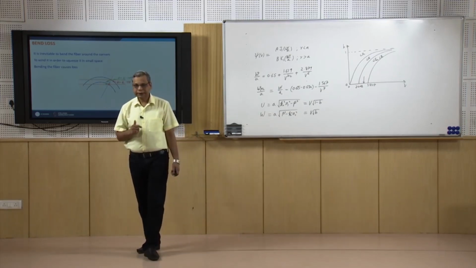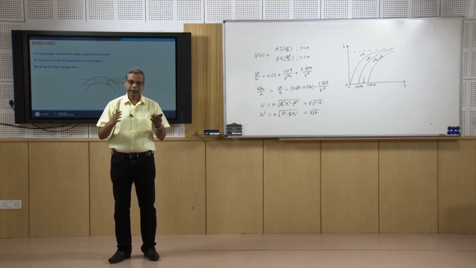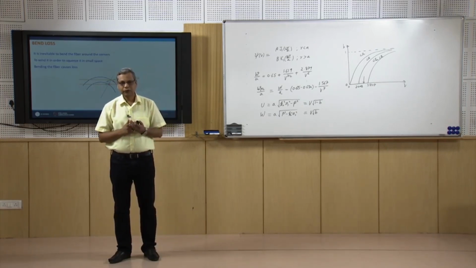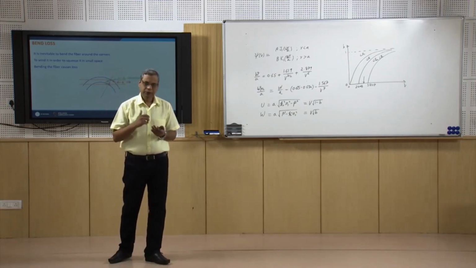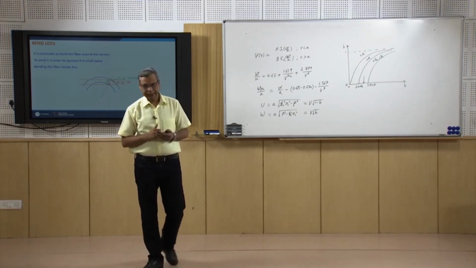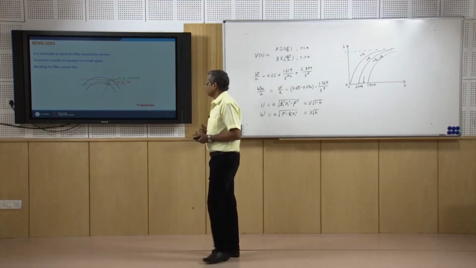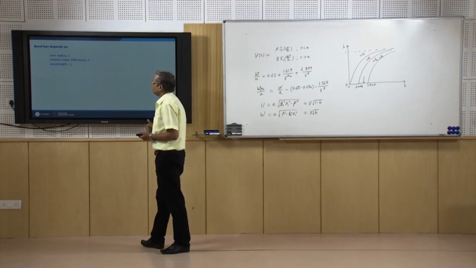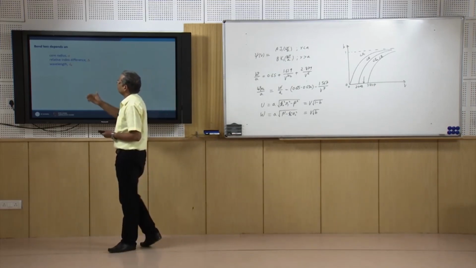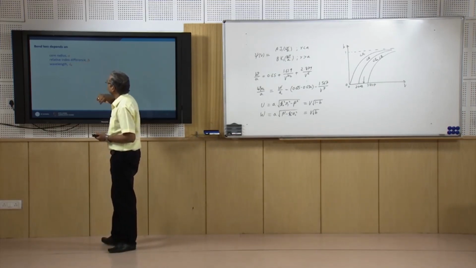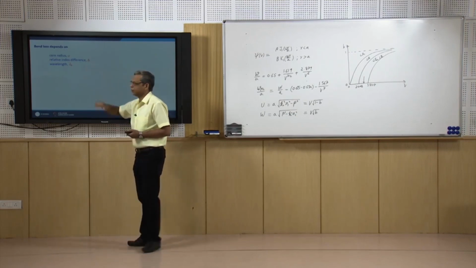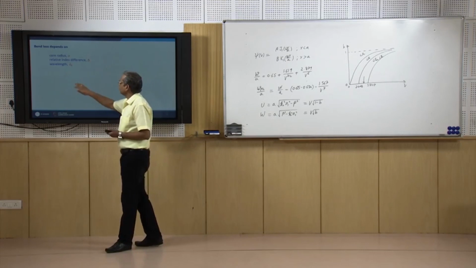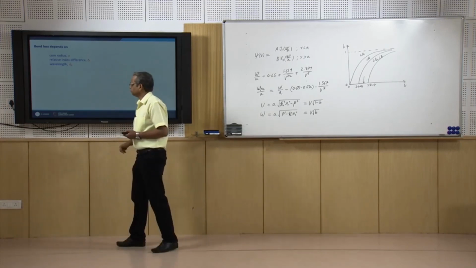So, I can also understand that if the mode is close to cutoff, then the fiber is more sensitive to bending. The bend loss of the fiber depends upon various parameters like core radius A, relative index difference between the core and the cladding delta, and wavelength lambda naught.